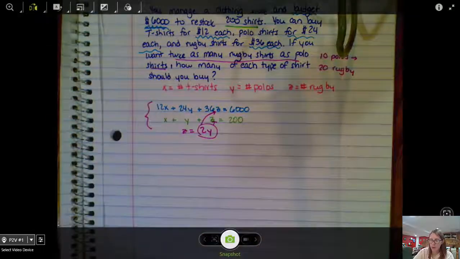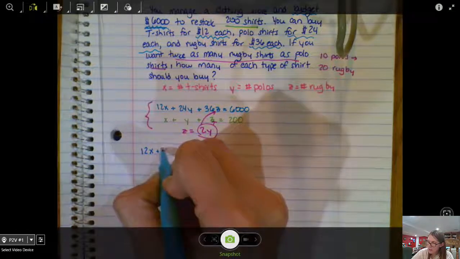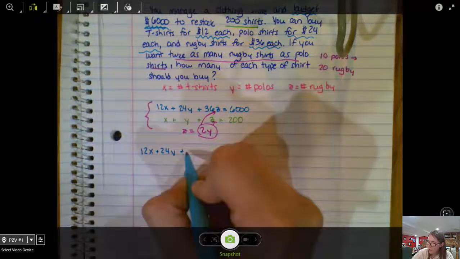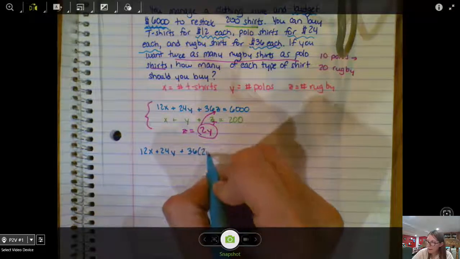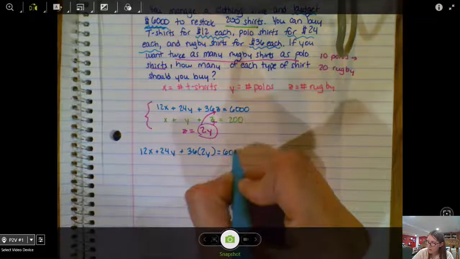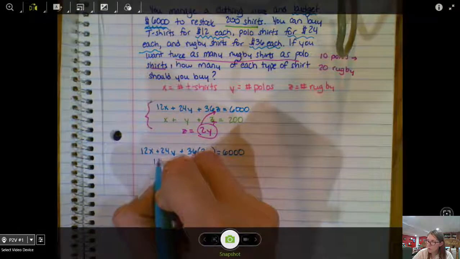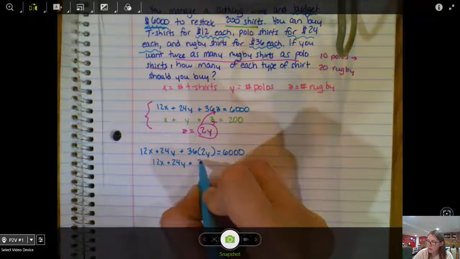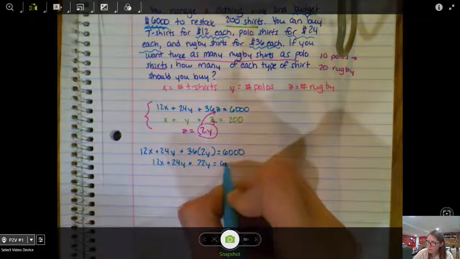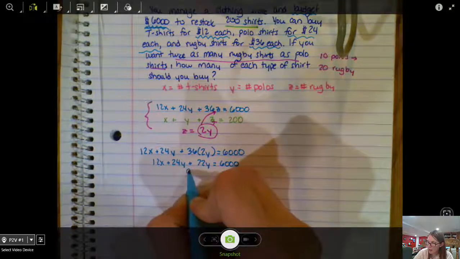So this blue equation, and I'll stick with my color coding here, I'd have 12x plus 24y plus 36z, but instead of a z, I have 2y, equals 6,000, and simplify what we can. So 12x plus 24y plus 36 times 2 is 72y. This is 96y altogether.